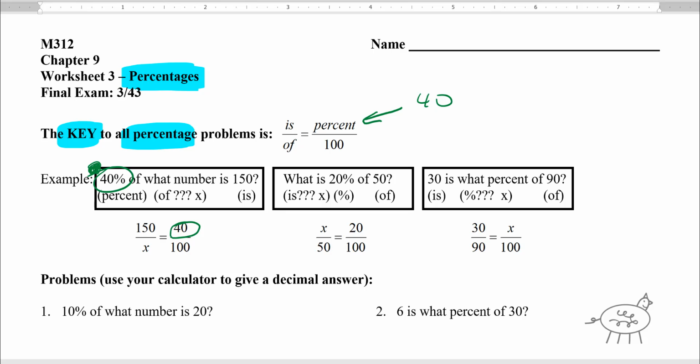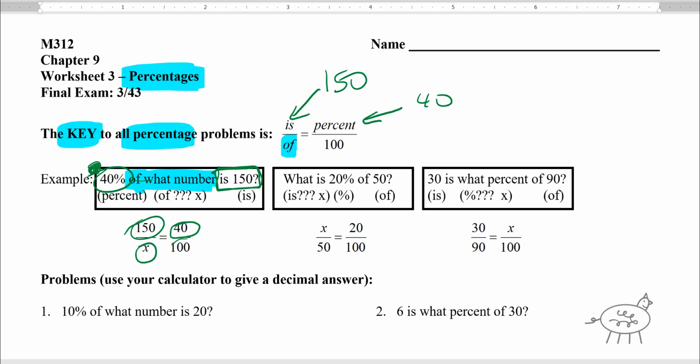That's your question. Of what number? That means the of is your x. The next part, is 150, so 150 goes where the is.